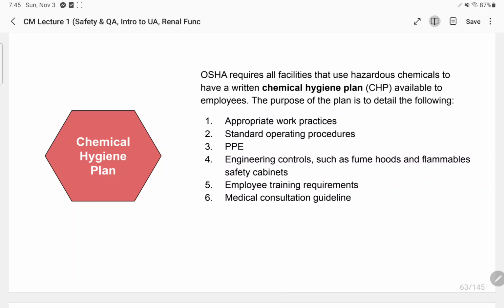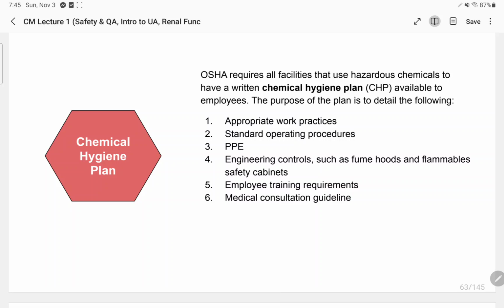So of course dapat na fume hoods para dili mo-agi sa ilong ang sinungaw aning mga chemicals, ha? And employee training requirements. Of course, ganina one of the reasons is kung walay training ang personnel nga nag-handle ani nga mga chemicals, so pwede maka-cause og chemical hazard.